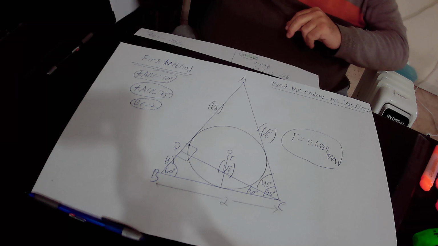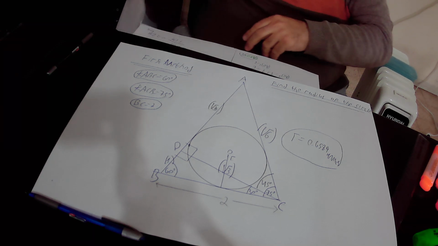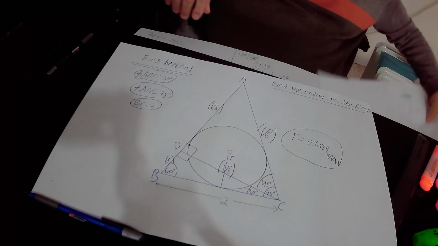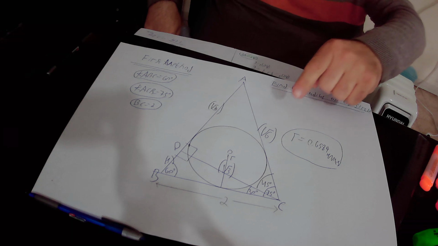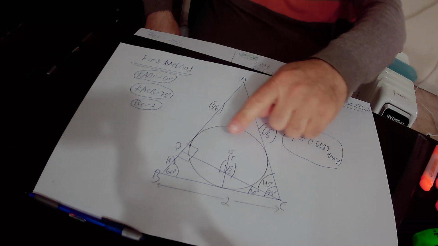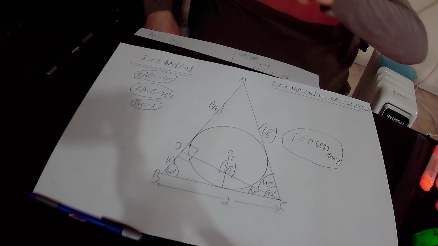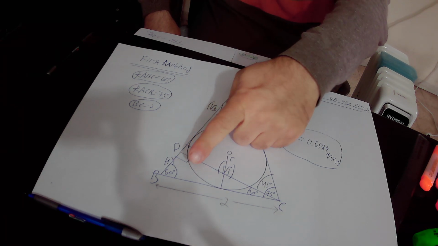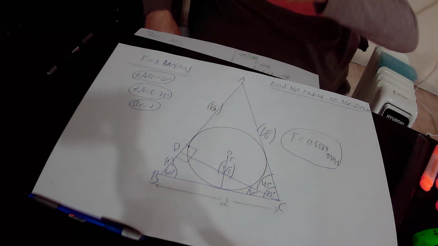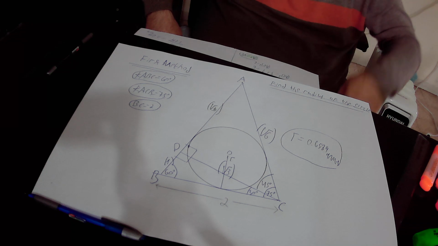Then we have, in the right triangle DBC, this angle equals 90 degrees and this angle equals 60 degrees. 90 degrees plus 60 degrees is 150 degrees.